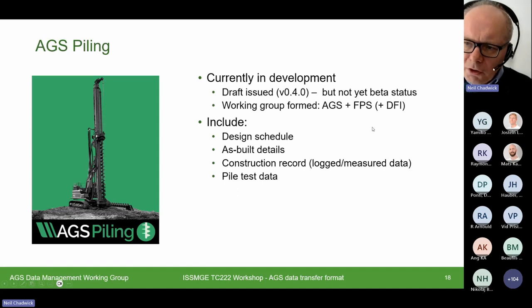There's also interest from the Deep Foundations Institute. The idea with AGS piling is it will include primarily the construction record, as-built details, all the logged or measured data from construction, pile test data, of course, but also design schedule information.